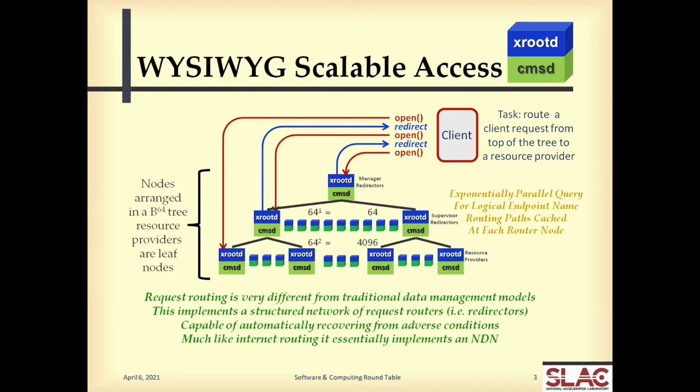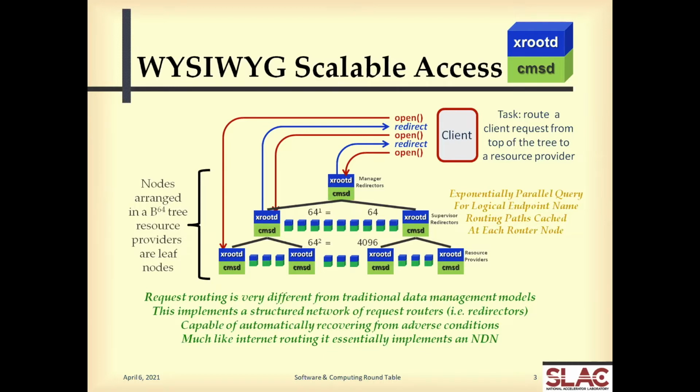Now, this is very different from traditional data management models. It implements a structured network of request routers, which here are called redirectors. They're also capable of automatically recovering from adverse conditions, which you'll see in a second. But the big important thing is it essentially works much like internet routing. In fact, the algorithms used inside the CMSD are pretty much what you'd find in a router.